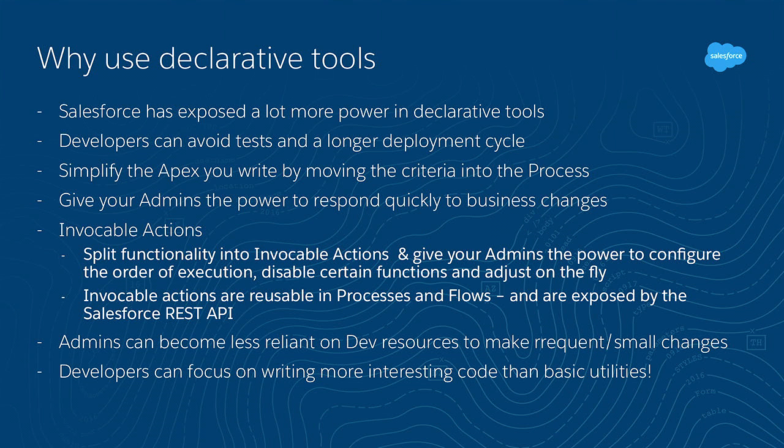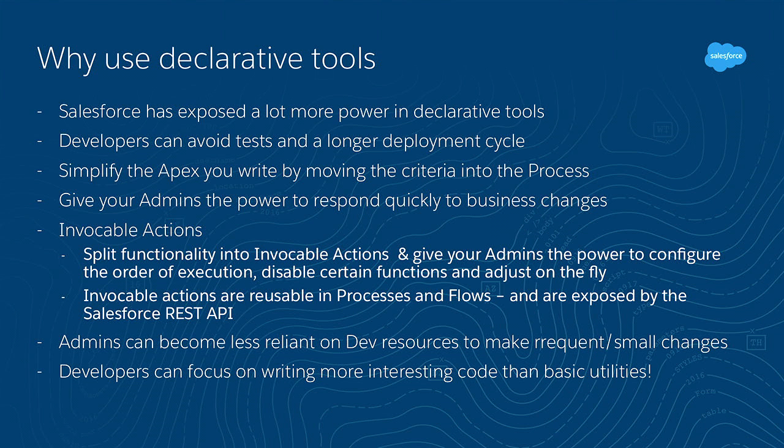I'm going to show you an example of that. So if you encapsulate the criteria in the process, the stuff that's really close to the business, and let them adjust that, they're not running to you every single time and saying, hey, please update this code.